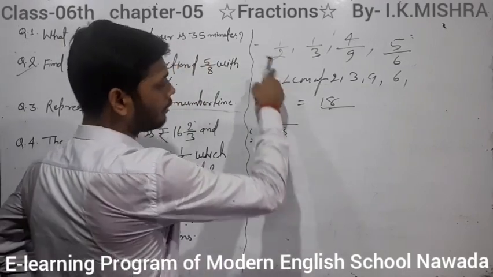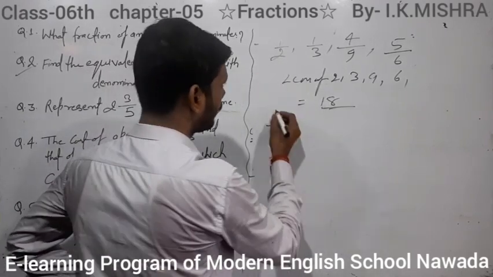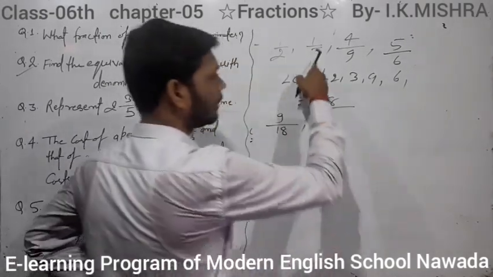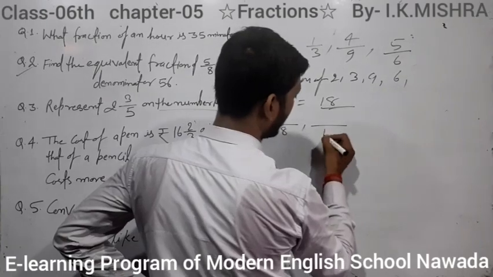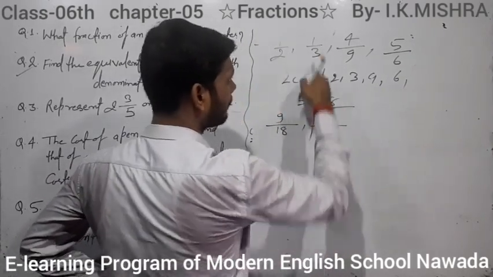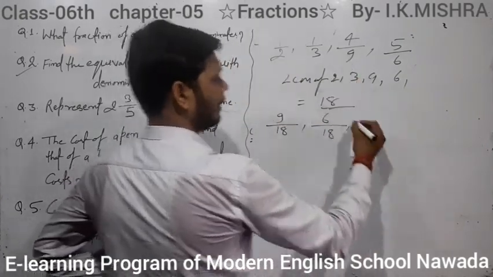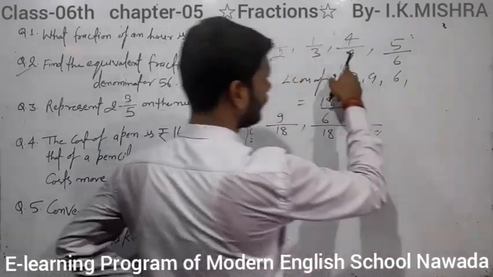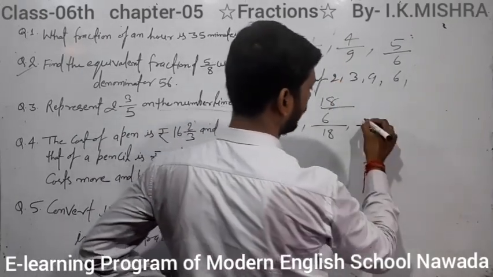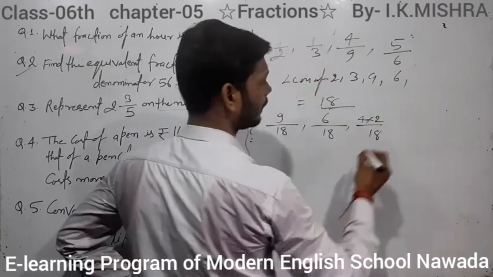When you divide 18 by 2, you get 9, and multiply in the numerator, so 9. For 1 by 3, write 18, divide 18 by 3 gives 6 times, and multiply in the numerator, so 6. Here 18, and dividing 18 by 9 gives 2 times, and here 4 into 2.